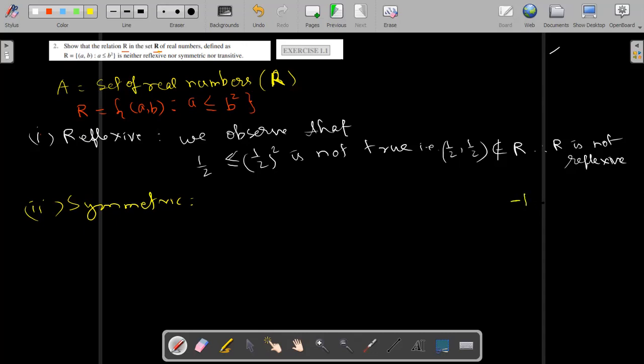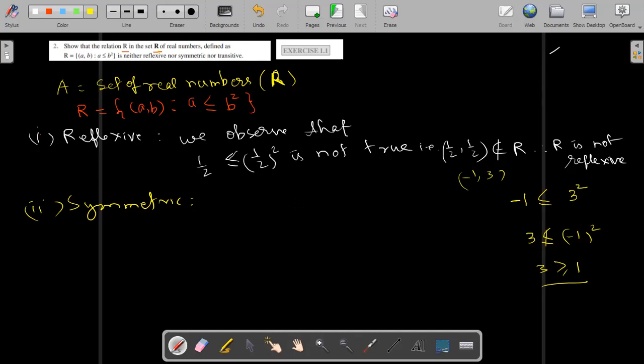For example, if we take minus 1 and 3, minus 1 is less than or equal to 3 squared.